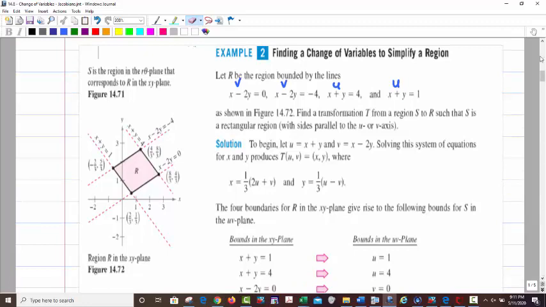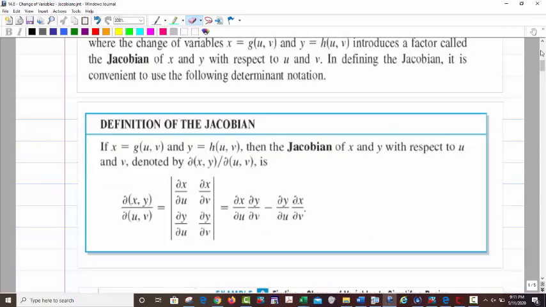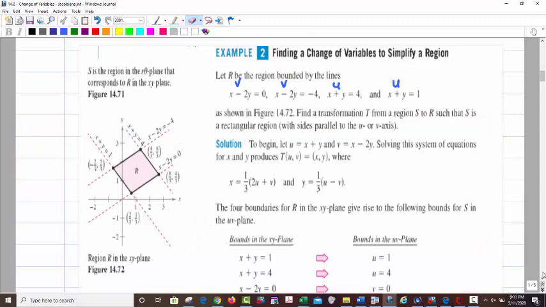So we have to get x and y in terms of u and v. If they aren't already, you can solve for them. It really doesn't matter that much which one is u or which one is v. In this particular case, you have a matching set, like x minus 2y, and then x plus y and x plus y.